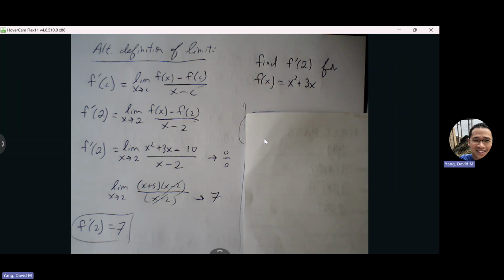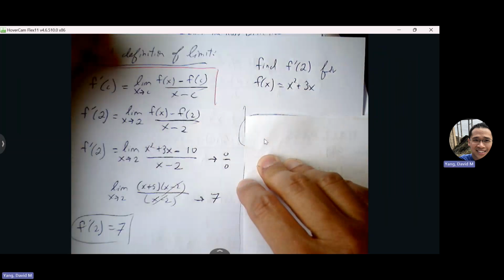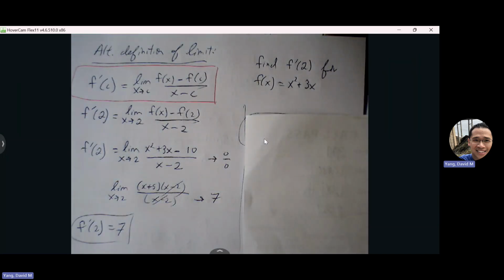And it's this one here. f prime of c is equal to the limit as x approaches c of f of x minus f of c, all over x minus c. So if I were to ask you to find f prime of 2 given the function, let's build it from scratch, find the derivative from scratch. So replace every c with 2.